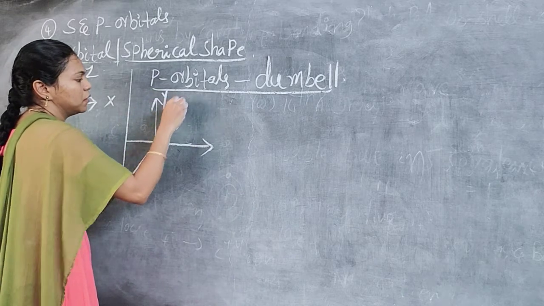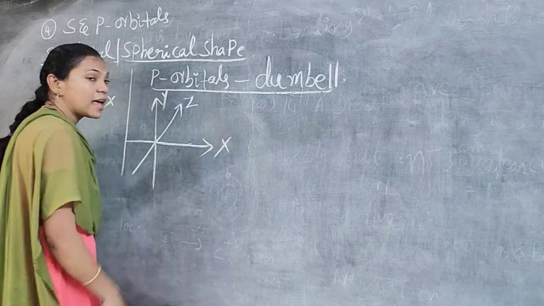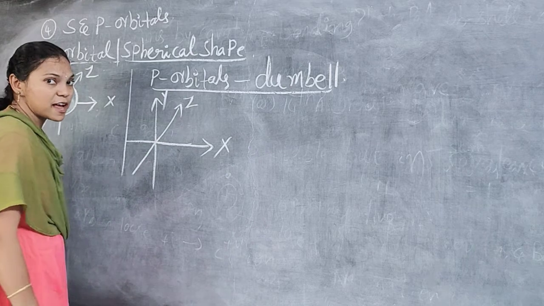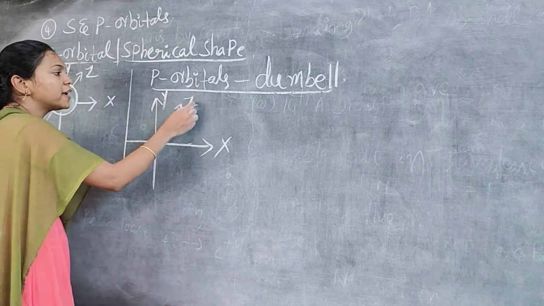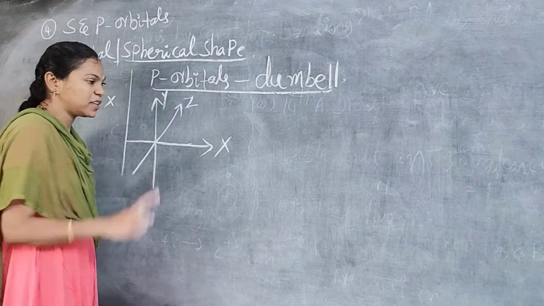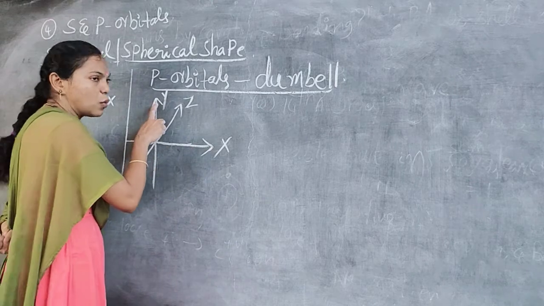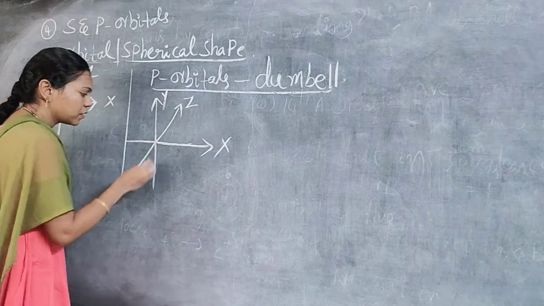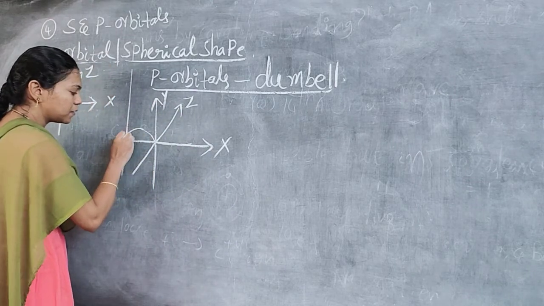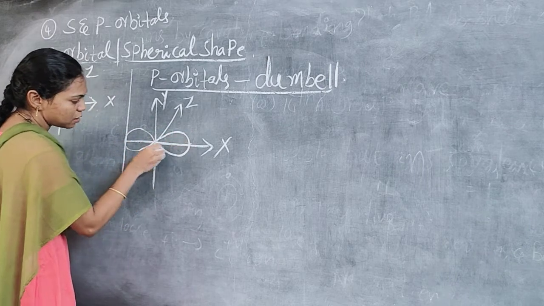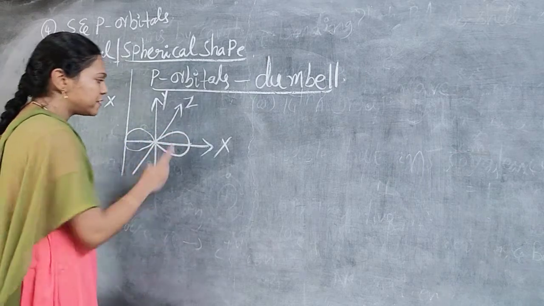Some people make mistakes in this diagram, and the Y and Z axes are not mentioned. You must mention the X axis, Y axis, Z axis. Yes, the dumbbell shape is only on the X axis. This is Px.